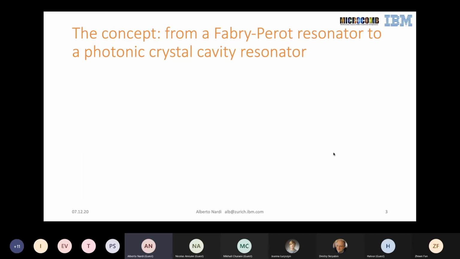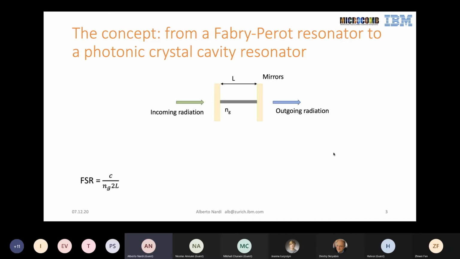So, as I said, the concept: the device is based on a Fabry-Perot resonator. So we have a cavity and two mirrors. The cavity has a length of L and a group index NG.